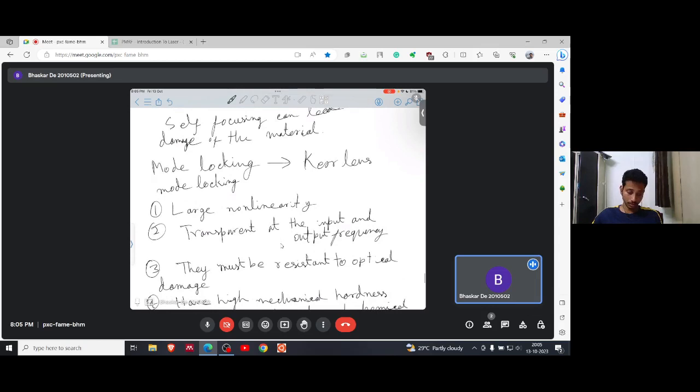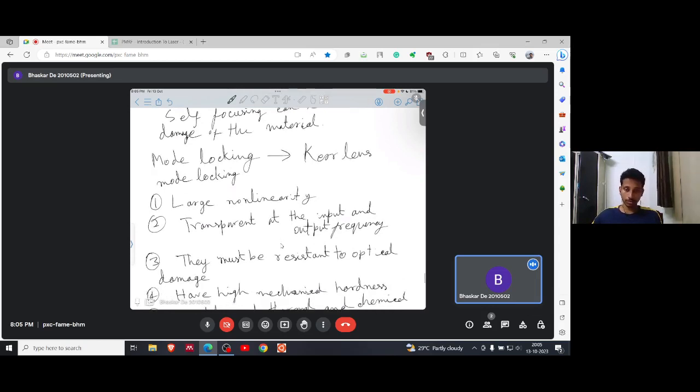First, it should have a large nonlinearity, which is obvious because we are talking about the nonlinear effects. Then it should be transparent at the input and the output frequency. That means that if you use a 1064 nanometer laser at the crystal and you want the second harmonic generation, it will produce the 532 nanometer wavelength.